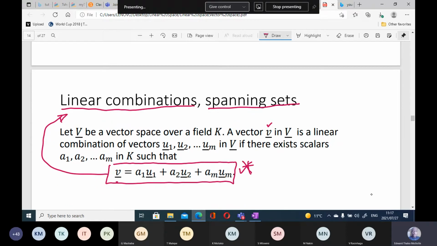So it means that for you to prove that something is a linear combination, you have to write it in this form.